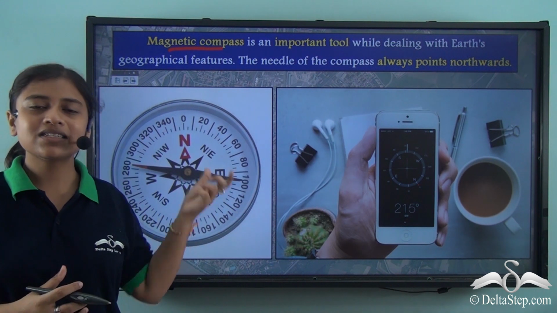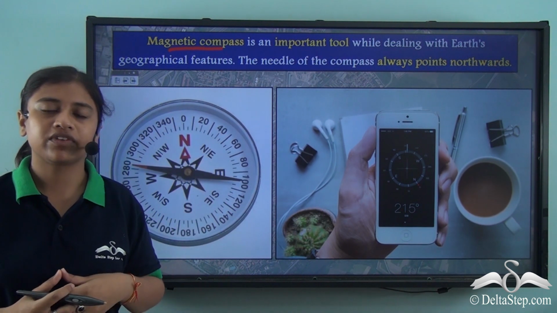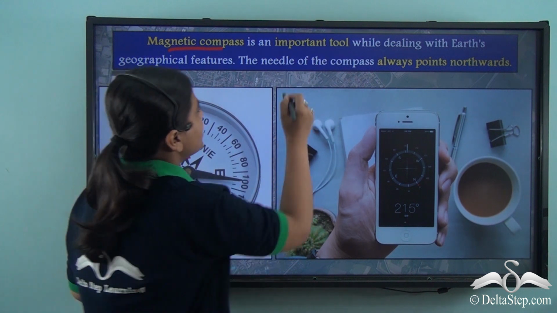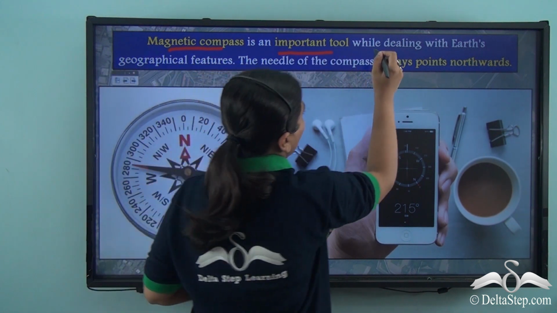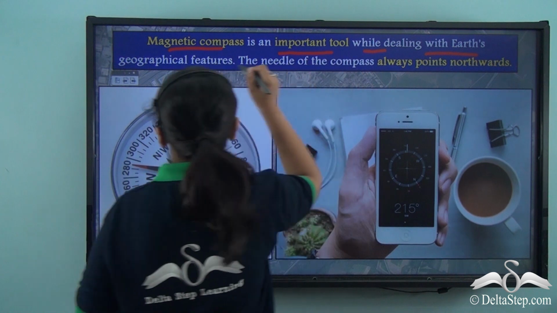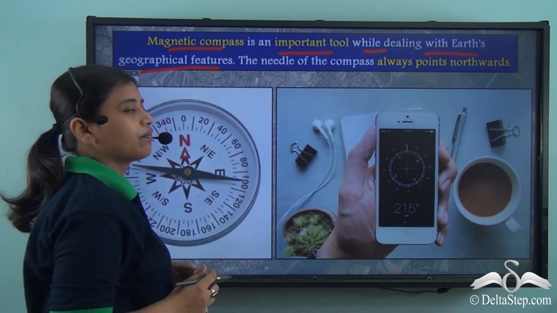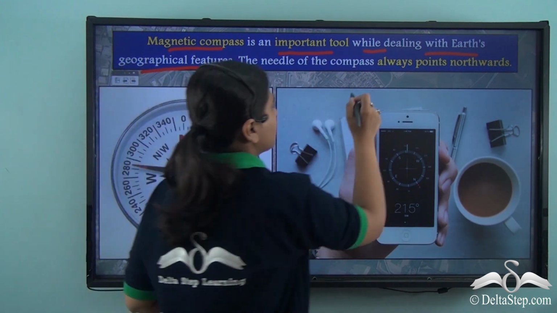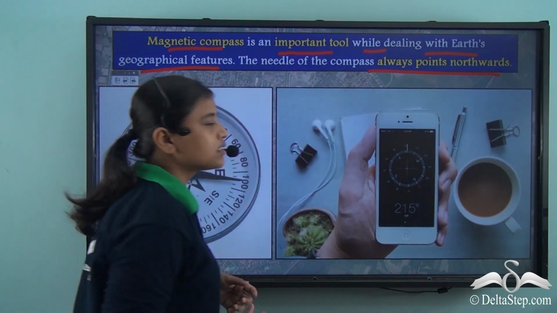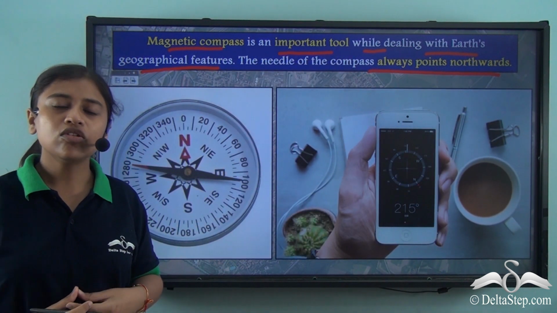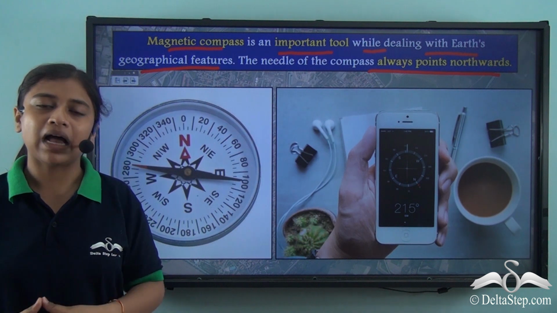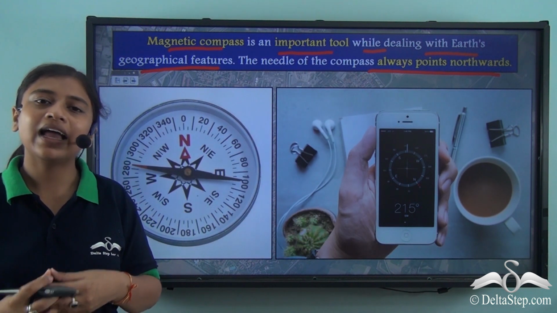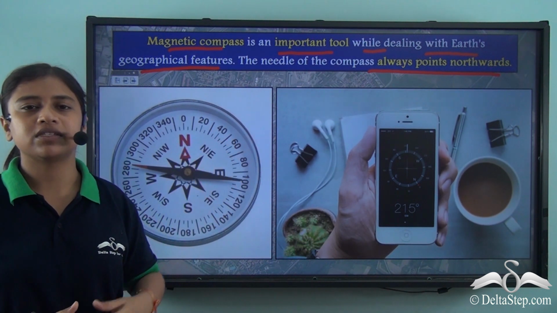So, a magnetic compass on a topographical map also is an important tool while dealing with Earth's geographical features. And the needle on the compass always points northwards. So, to read a topographical map, we definitely need the help of a magnetic compass.